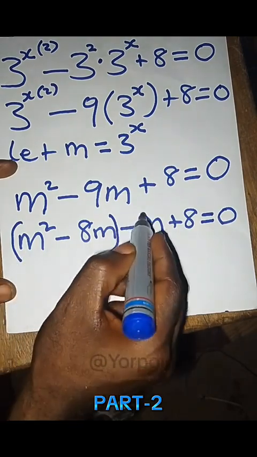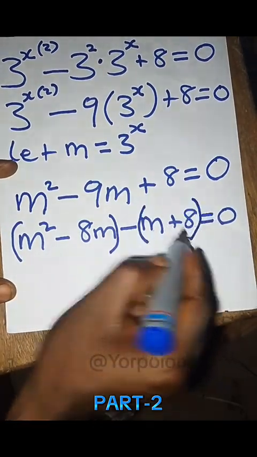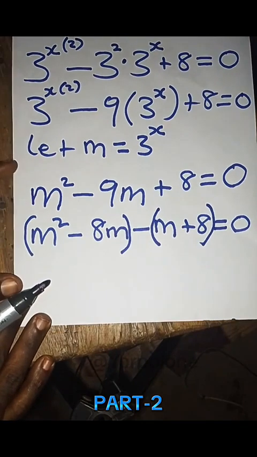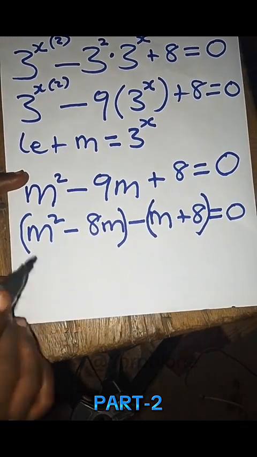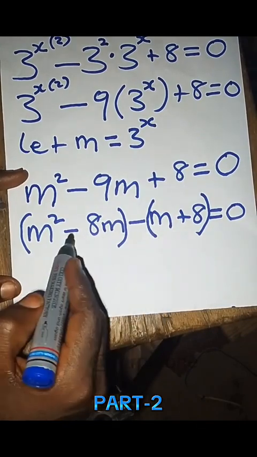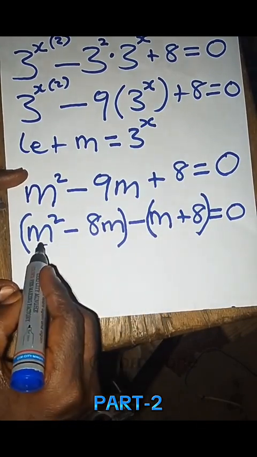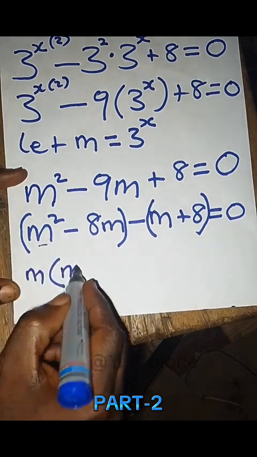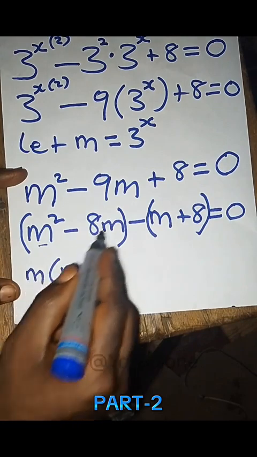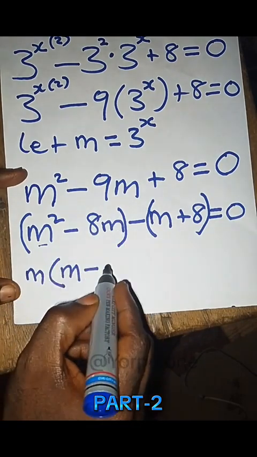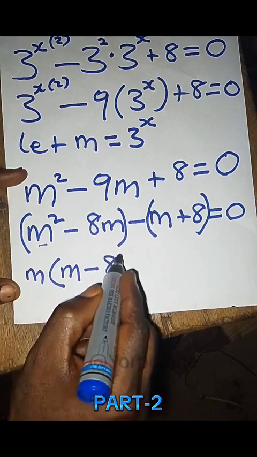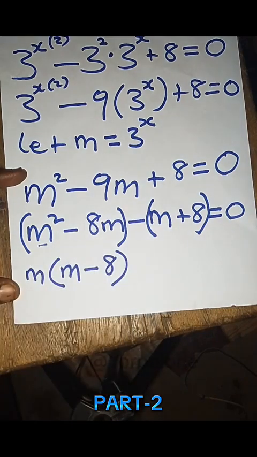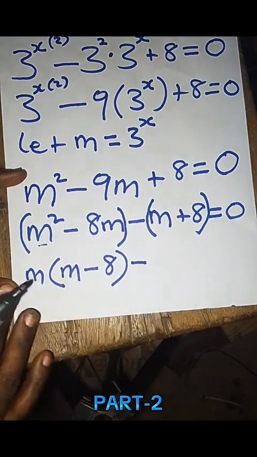This one goes like this, this one goes like this. Okay? So what will be the next thing we need to do here? We factorize the brackets. We factorize the first bracket. M is here, so m will be the factor here. If we take m here, we remain with 1m. If we take m from 8m, we remain with 8.